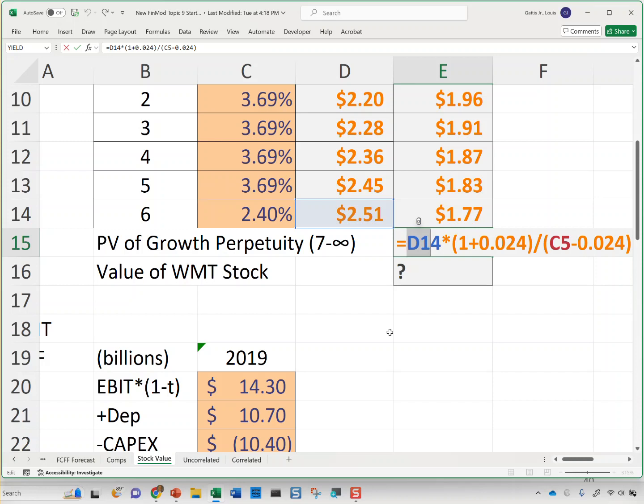So this is how much I would pay 6 years from now for a dividend stream that starts at year 7 and goes to infinity. The rest of these are in present value terms, right? They're all discounted back to today.